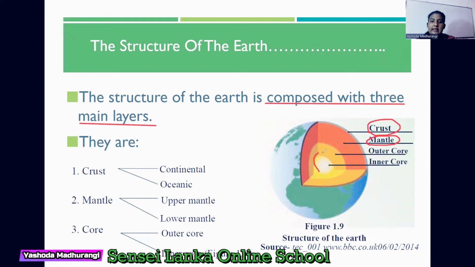Then inside the earth, you have to look at a cross-section of the earth to understand this: outer core and inner core. In today's lesson, I'm going to explain all these parts one by one, with pictures, with notes, and also with some activities.